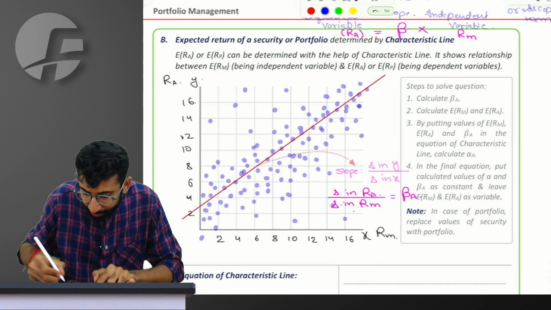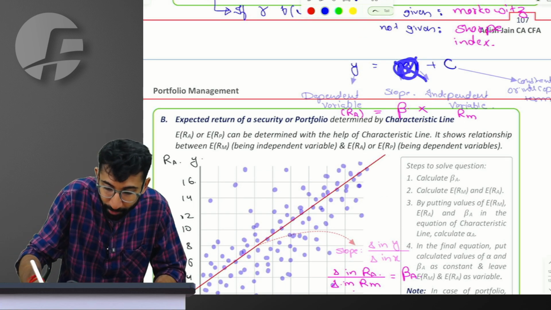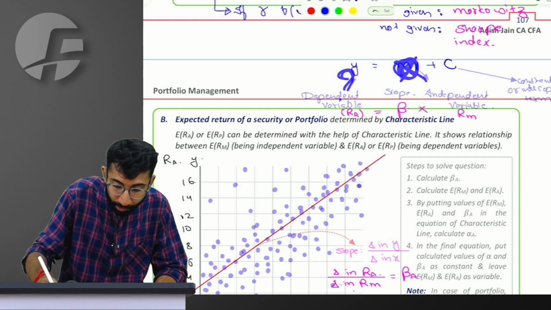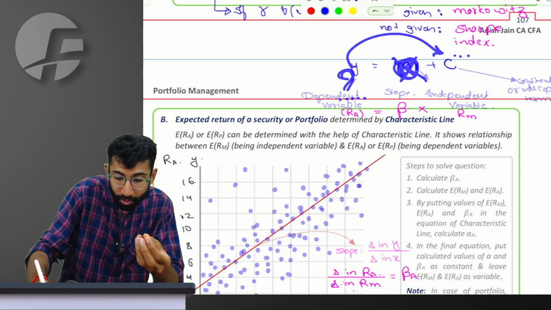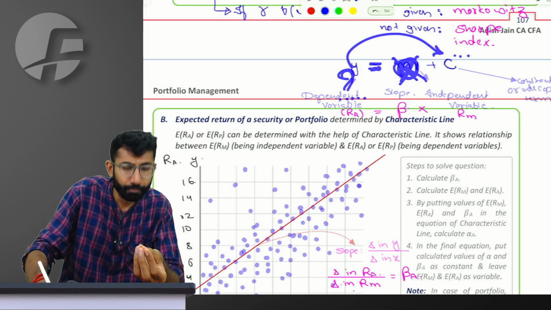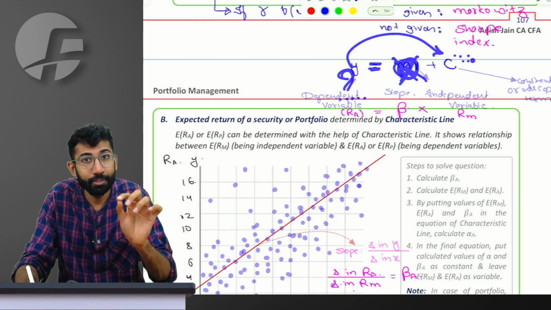So when the independent variable, the return of market, becomes zero, how much is the return of security? That is called the constant term, because when this becomes zero, the return of security is equal to C, the constant term, the intercept term.